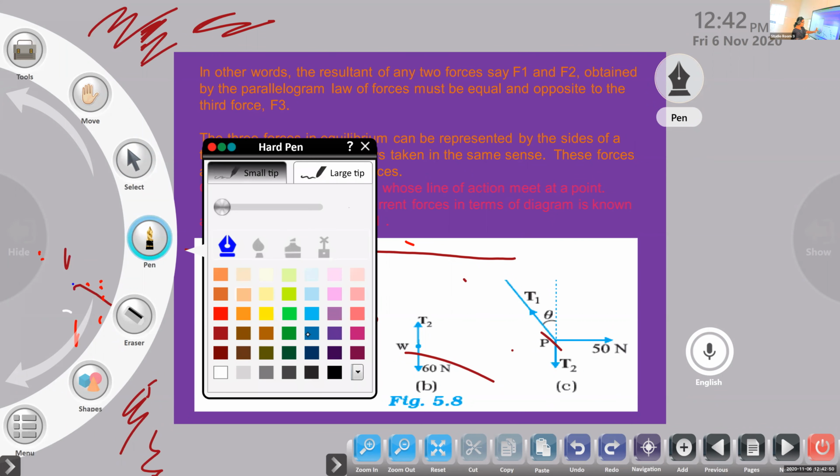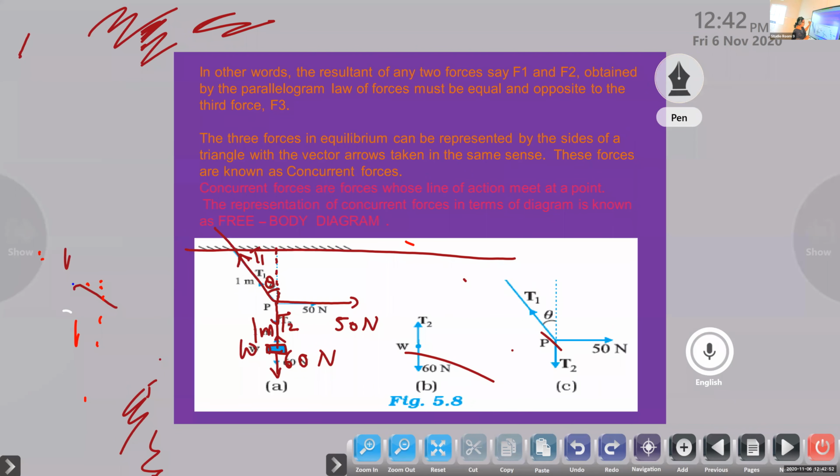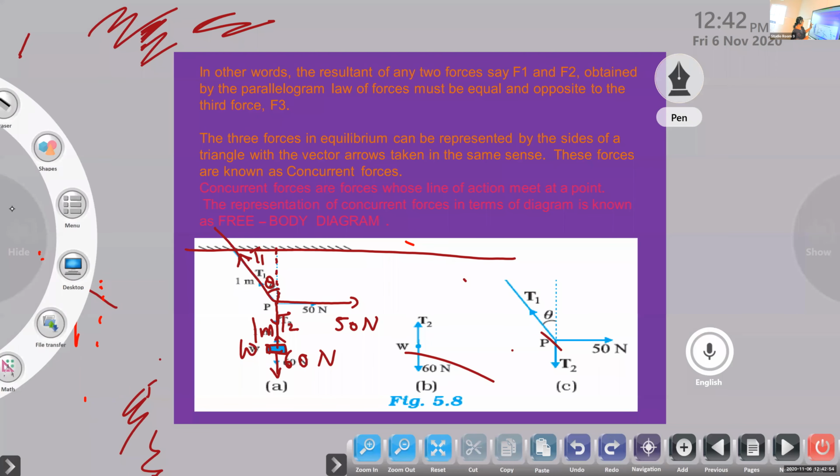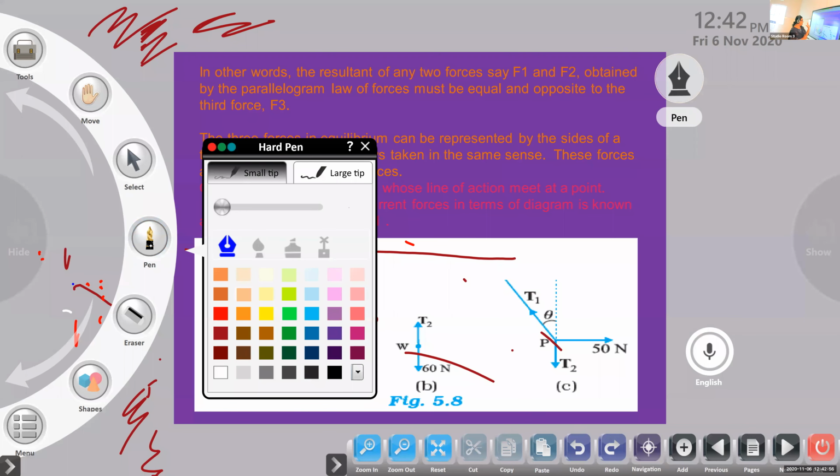Are you all doing something? Someone is doing some mischief there? No, ma'am. But in between, I'm getting blue here, red here, or is someone from you drawing? I don't know what is happening there. See, I'm not getting any other colors.